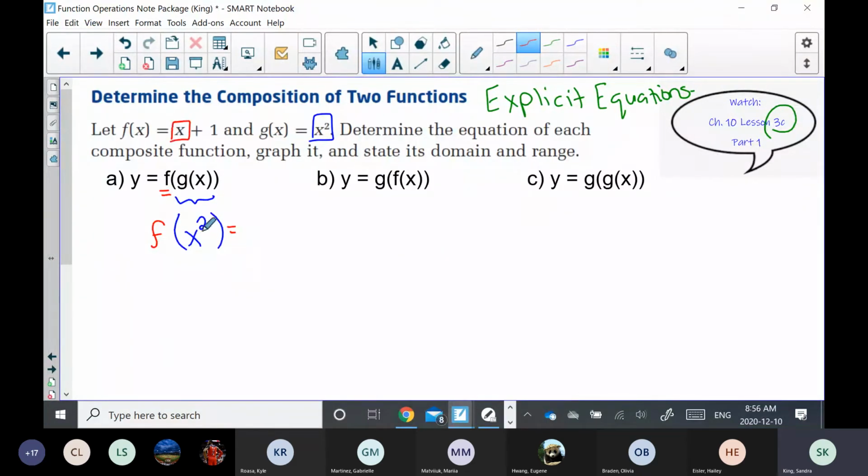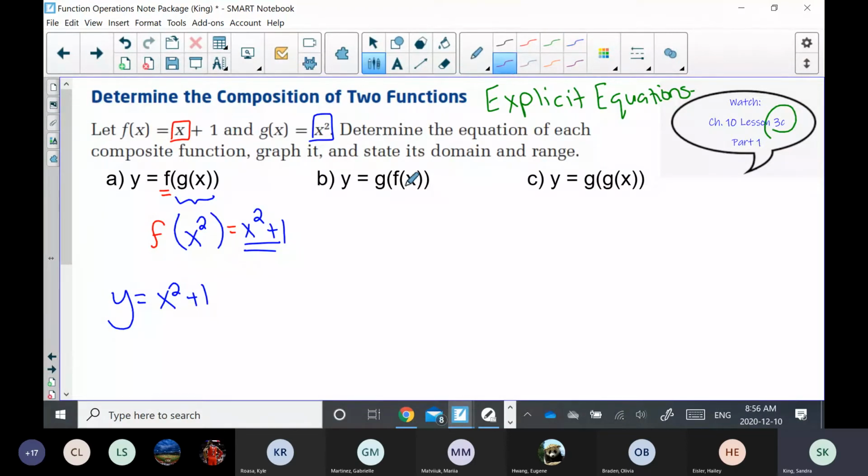Wherever you see an x, you're going to put in what they want for x. So x comes out and x squared goes in, plus 1. So the new explicit equation is y is equal to x squared plus 1. They want us to do the domain and range, but we'll figure out all the explicit equations first and then do the domain and range at the end.